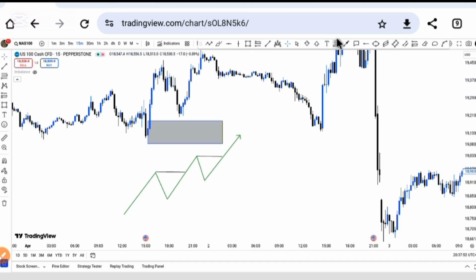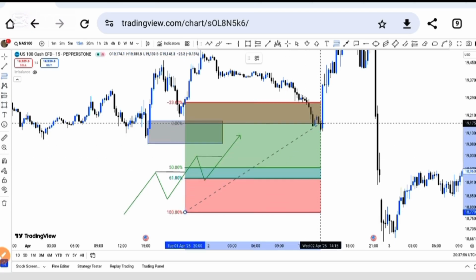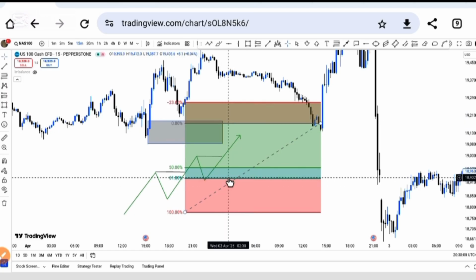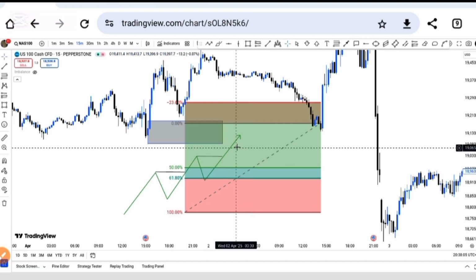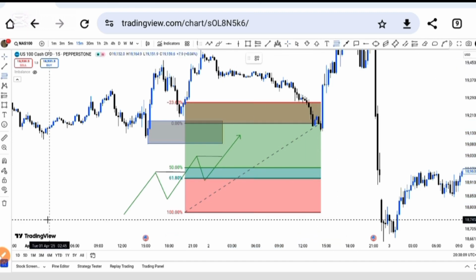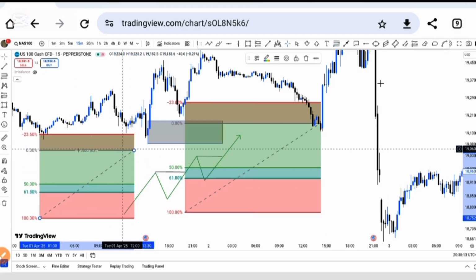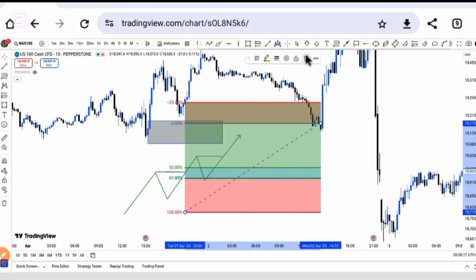When the retracement comes below 50 in an uptrend, that is the discount zone. If it comes above 50, that is the premium zone. Don't let that confuse you. That is just how it works.